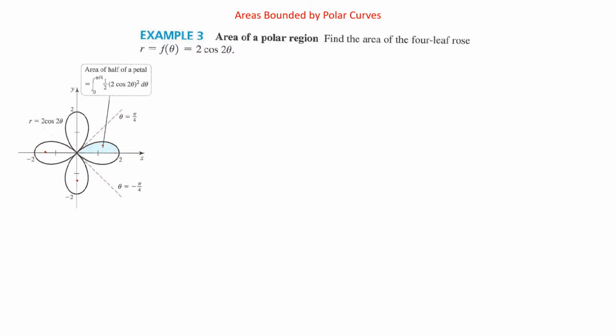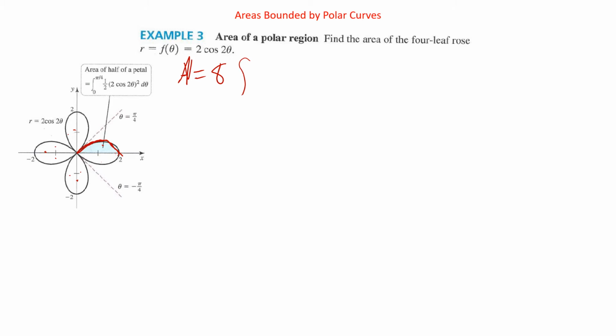At pi over 4, we're just looking at this piece, that half of this. And then there's 8 halves in total, so we can just multiply this by 8. So we're going to have the area, not the volume, area equals 8 times the antiderivative.